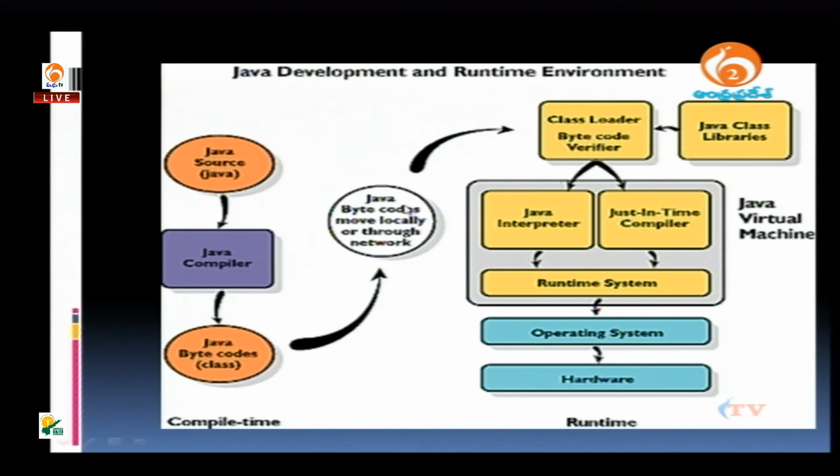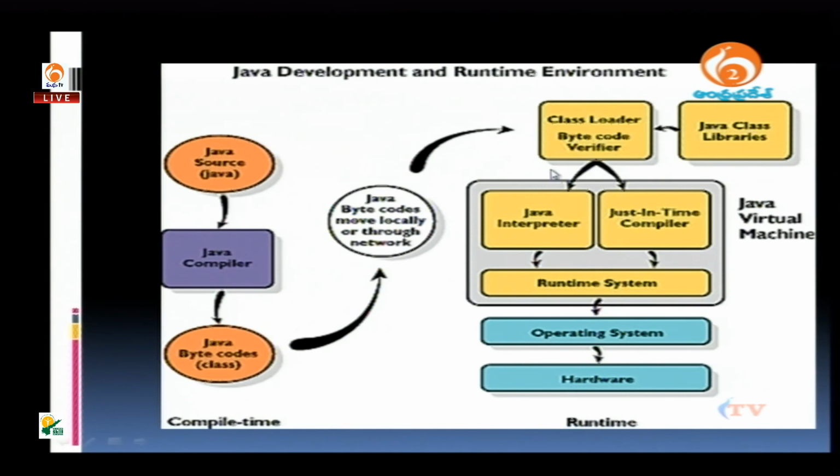If it is not syntactically correct, if there are errors, it rejects. Now, if this bytecode, the .class file, is syntactically correct, it loads into the JVM's memory, the runtime memory area.